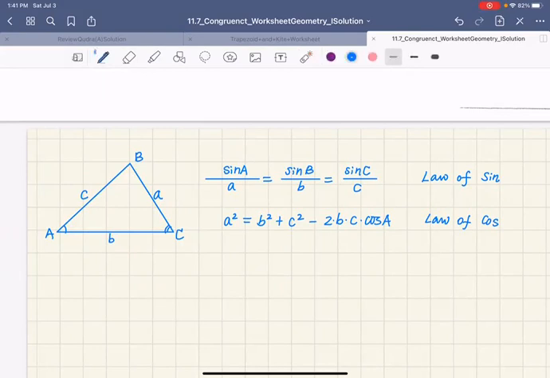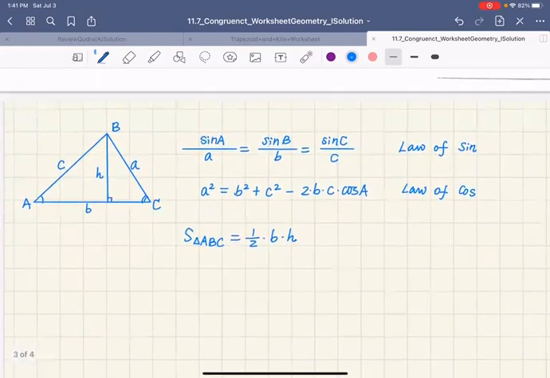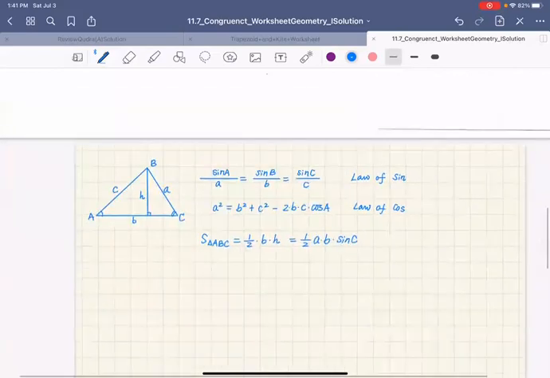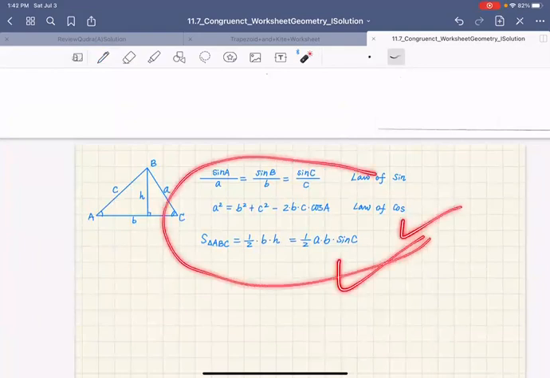We also know the triangle area: base times height divided by 2. After we learn sine and cosine, we will be able to write the triangle area this way. I know this is too much for you right now, but let's write this down. In 2 years, we will see this again.